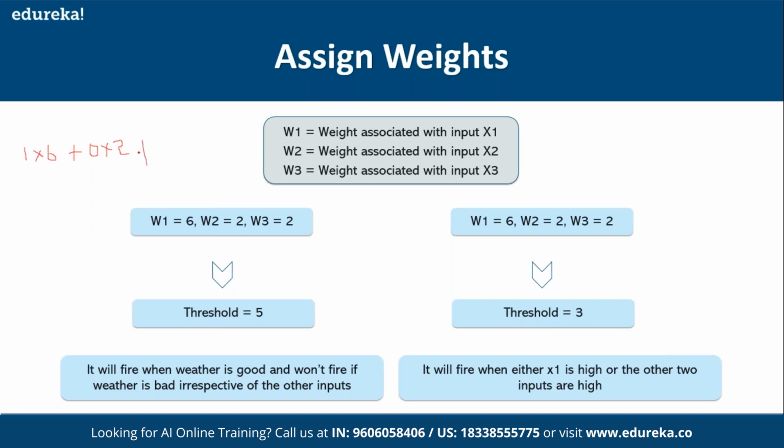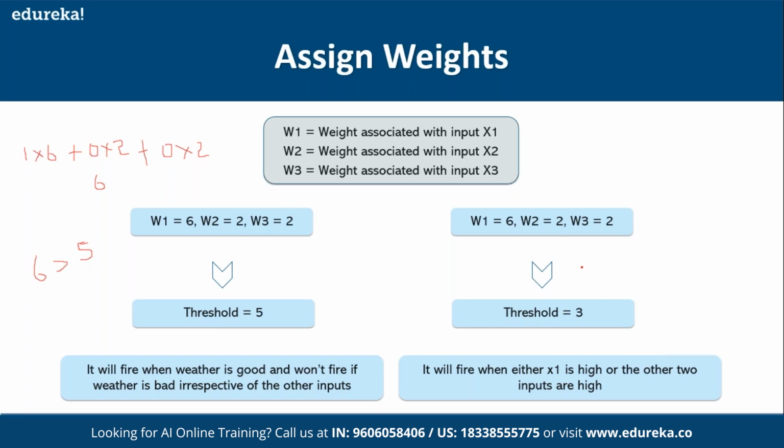And we will also assume there is no public transport, which is 0 into 2. Therefore, if you add this up, 6 plus 0, we get the first input as 6, while the threshold value is 5. 6 is greater than 5, which means we will go to the beer party.